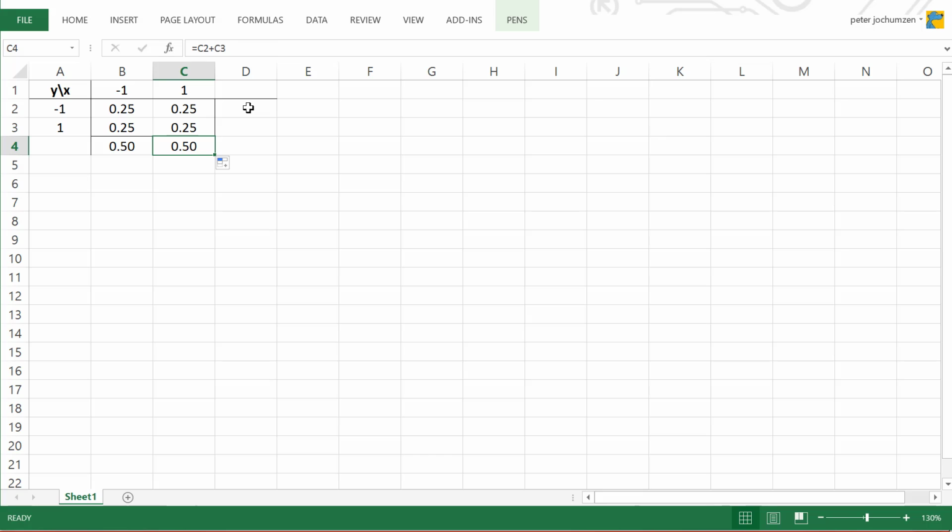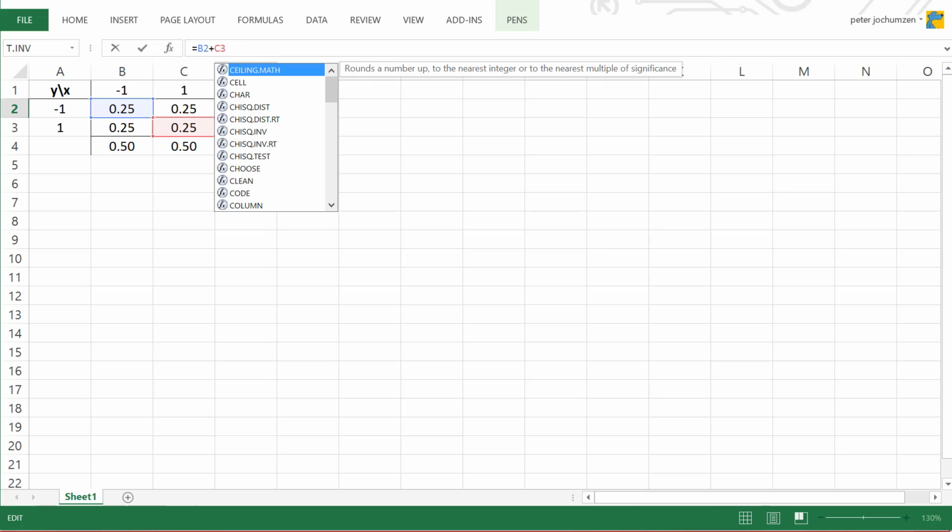If I sum these horizontally, B2 plus B3, then in this cell I have the probability that y is -1. Well, I did that incorrectly. It should be B2 plus C2, of course.